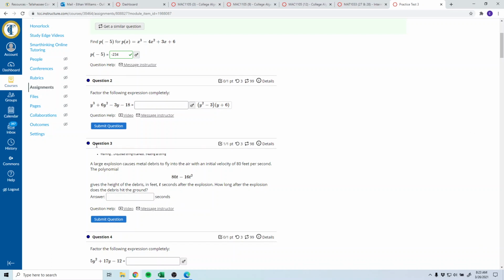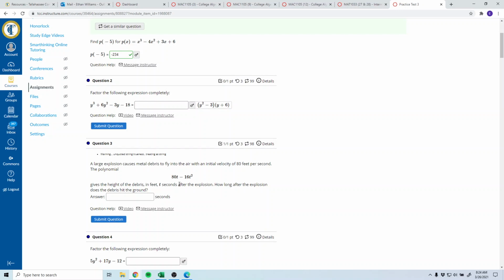All right, so word problems usually pretty scary, but as long as you read them, they're often easier than problems like this above. You just have to read it carefully. It says a large explosion causes metal debris to fly in the air with an initial velocity of 80 feet per second.